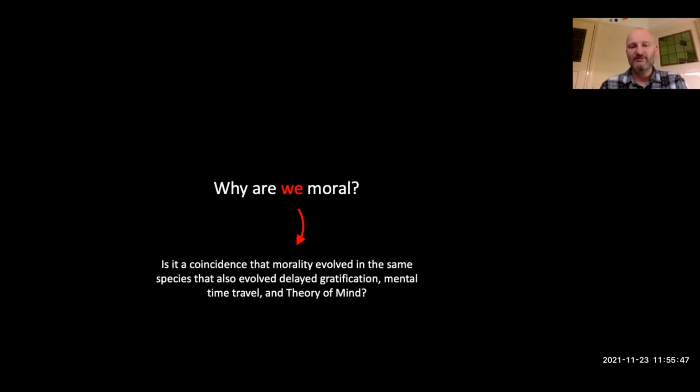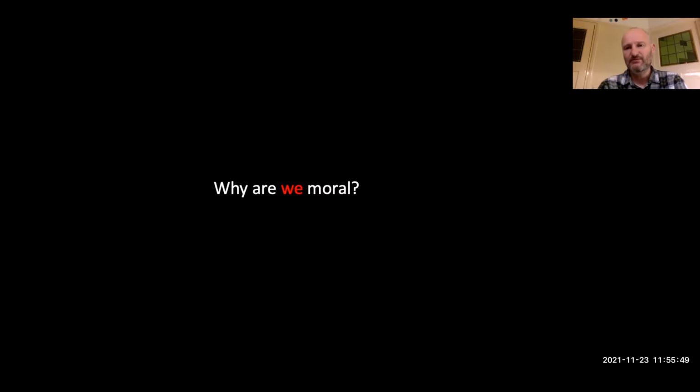So if we explain morality or altruism or cooperation by repetition, and we see that we have repetition and cooperation, but a bunch of other species also have repetition but no cooperation, then that's not as good an explanation as you would think if you're only looking at humans.